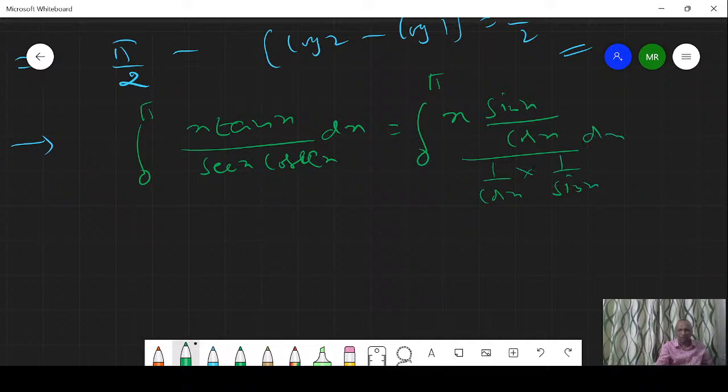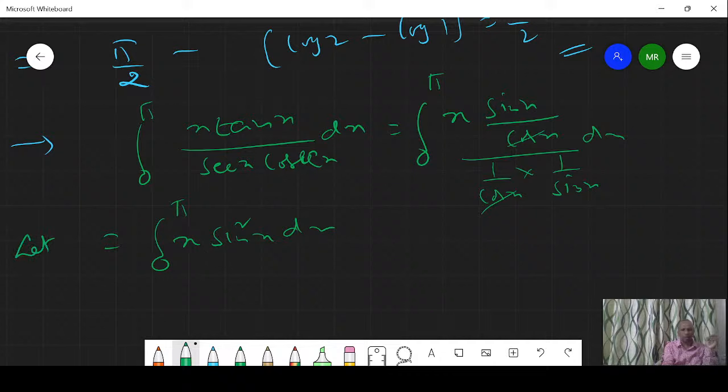You write like this. This becomes 0 to pi, cos x I can eliminate here, x into sin square x. We got x sin square x, right? Since x is there, I suggested you apply the property P4.